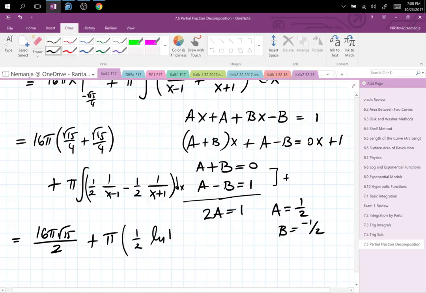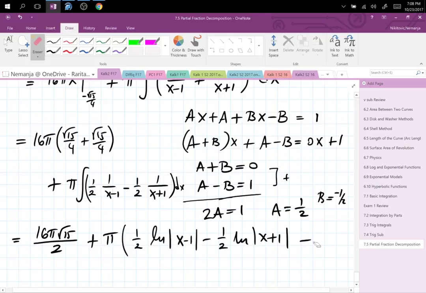This becomes 1/2 ln of absolute x minus 1 minus 1/2 ln, I'll move the b, so 1/2 ln of absolute x plus 1.